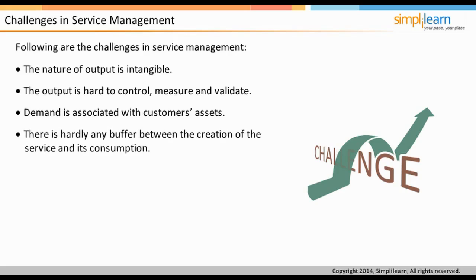Fourthly, there is hardly any buffer between the creation of the service and its consumption by the customer. Finally, service capacity and output are of perishable nature. This means that service providers need to ensure there is a steady source of supply to satisfy the customer's demands. The supply should have consistent quality. In the next screen, we will discuss the benefits of IT service management.